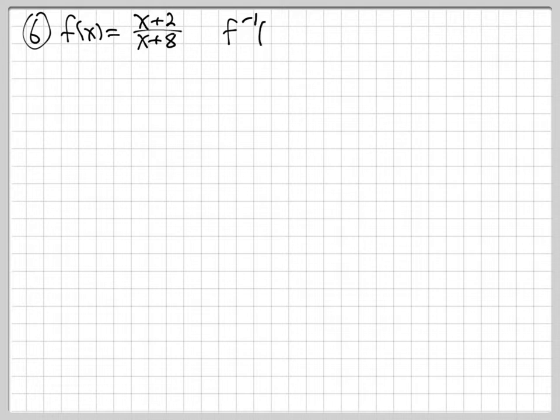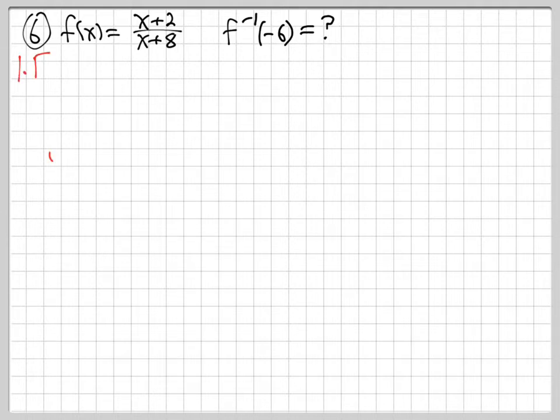So, number 6. One more of these inverse function ones. They give us f of x equals x plus 2 over x plus 8. And they ask us to find f inverse of negative 6. They want us to figure out. All right, so how are we going to do that? Well, there's two phases to this problem.